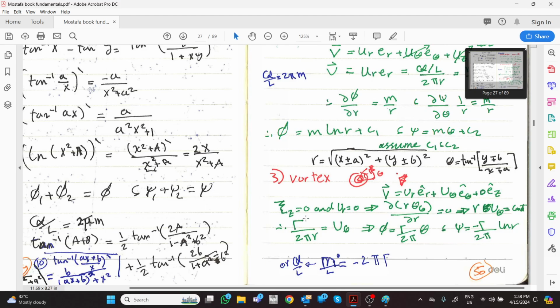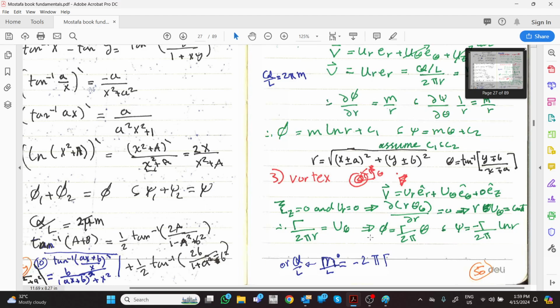So q over L equals 2 by magnitude. It's the same concept, but this was minus, because it will be easier for us for the solution later on, you'll understand. So this will be equal by theta, because we know u theta is a flow rate, and the flow rate can be described like this.